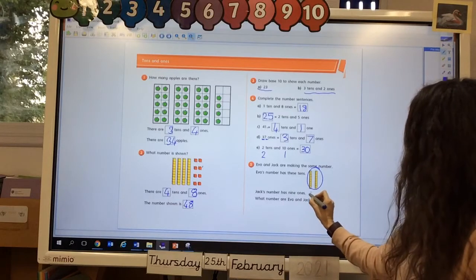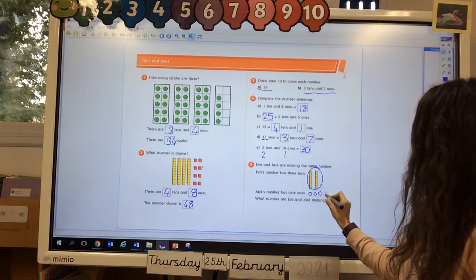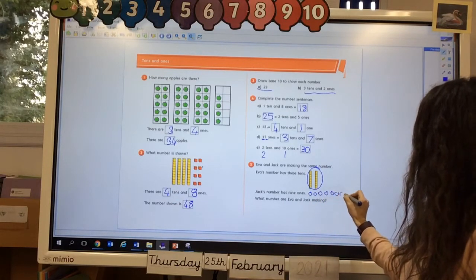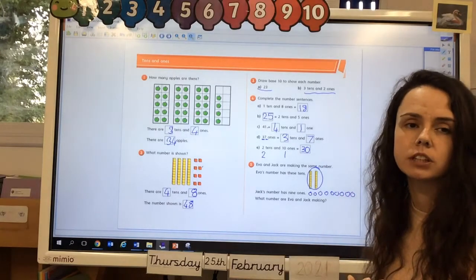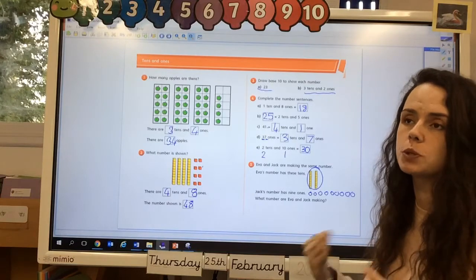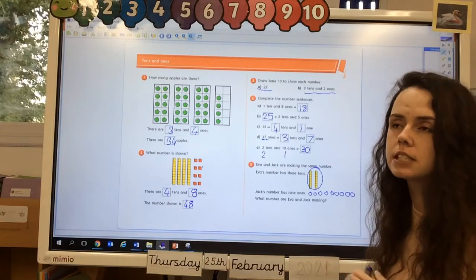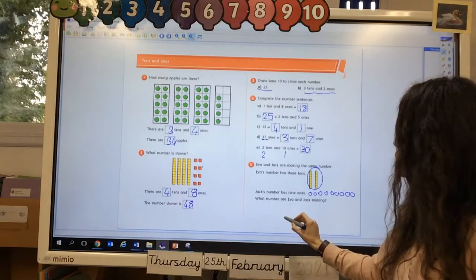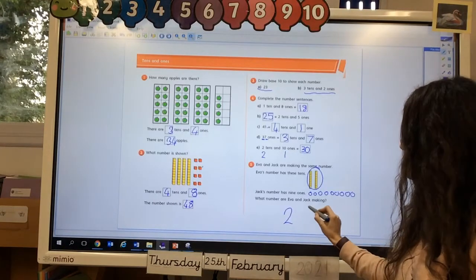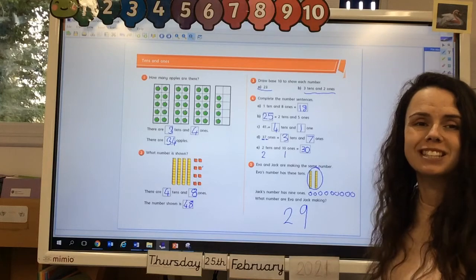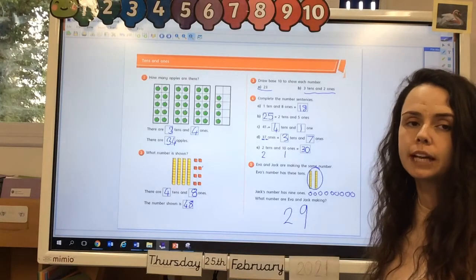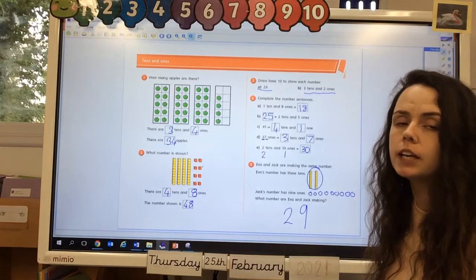So let's draw 9 ones. 1, 2, 3, 4, 5, 6, 7, 8, 9. What number are they making together? They're making the same number, they're just doing it a bit different. So 2 tens and 9 ones. What number have they made? 29. Fantastic.